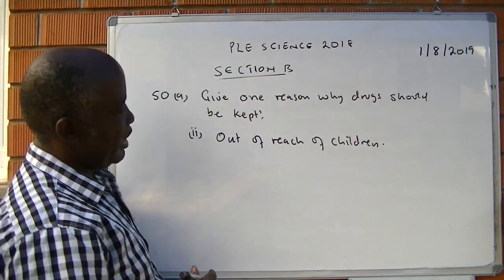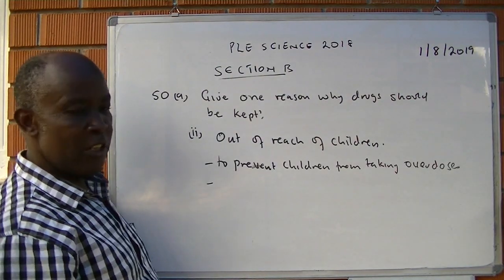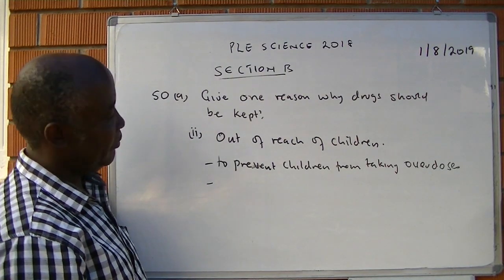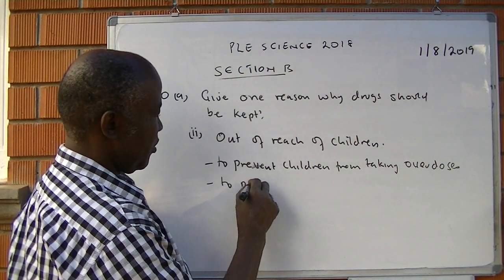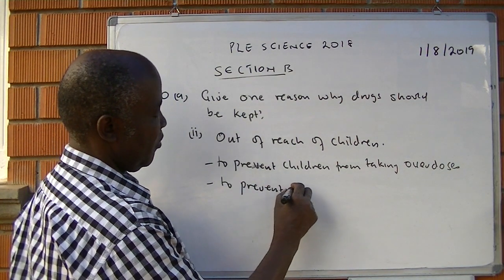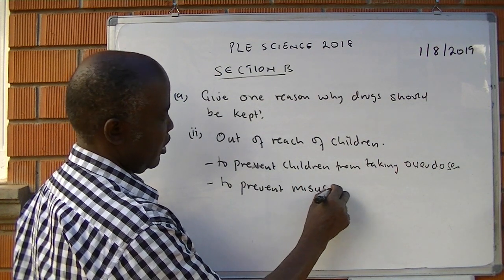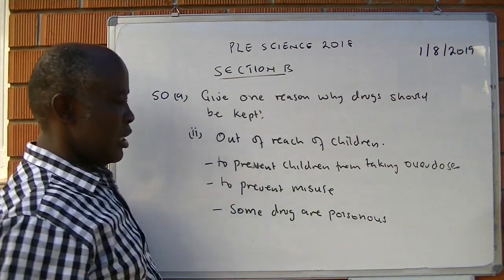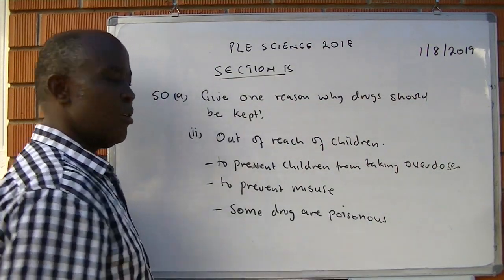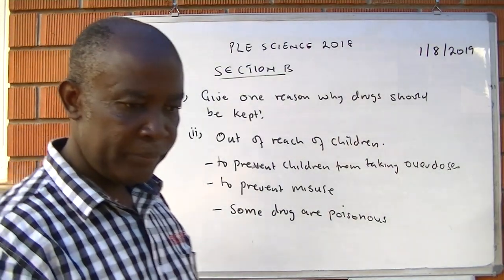Out of reach of children, to prevent children from taking overdoses, to prevent misuse. Some drugs are poisonous, so they must be kept away from children.